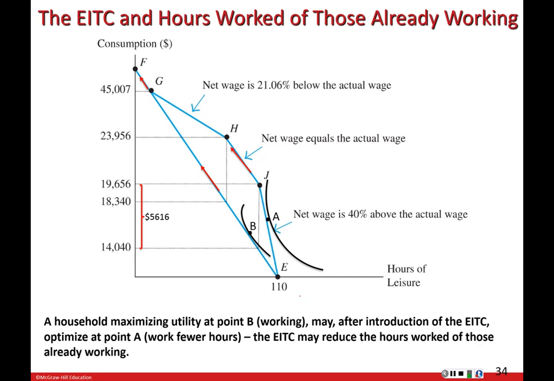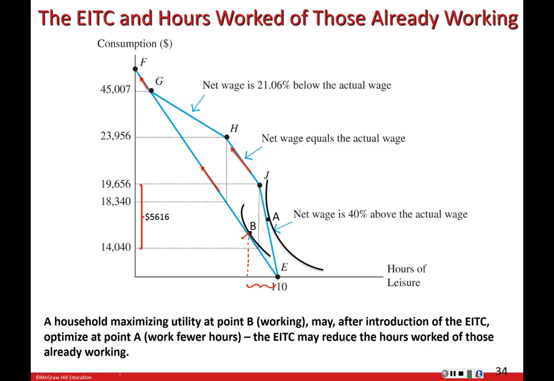What about the hours worked of those already working? So let's say you have an individual who was working to begin with before the EITC program was introduced. The worker was already working, so the worker was at point B. This is where the worker was, already working that many hours.